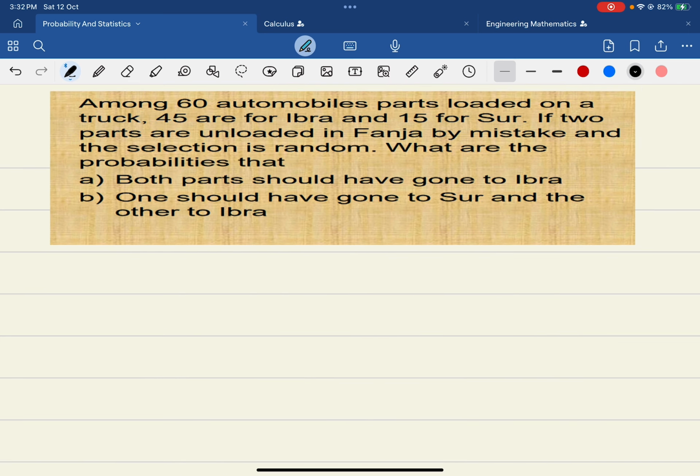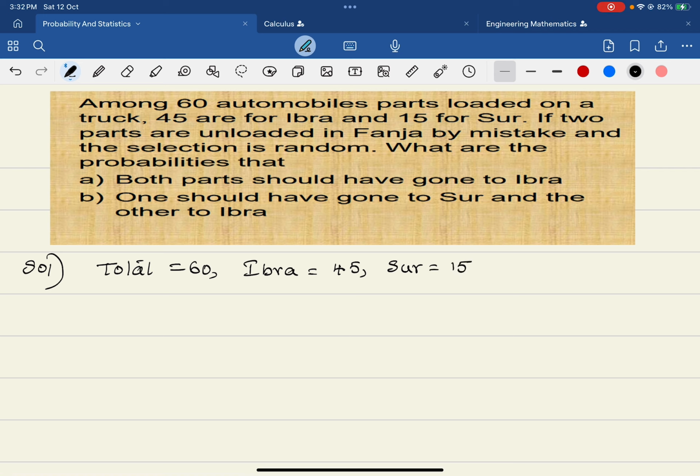Next, the next question is: among 60 automobile parts loaded on a truck, 45 are for Ibra and 15 for Sur. So now, totally how many parts are there? Total parts is 60. And for Ibra, 45 have to go. And to Sur, 15 parts should go.